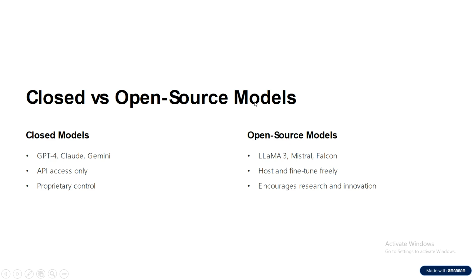Closed versus open source models. Here you can see closed models are GPT-4, Claude, Gemini, which are accessed by API with proprietary control. We can get a paid version by using an API also, and we can customize and use it in our organizations for a particular purpose.